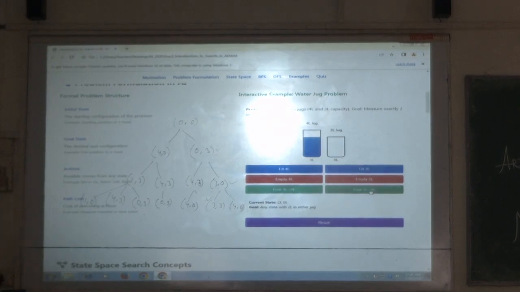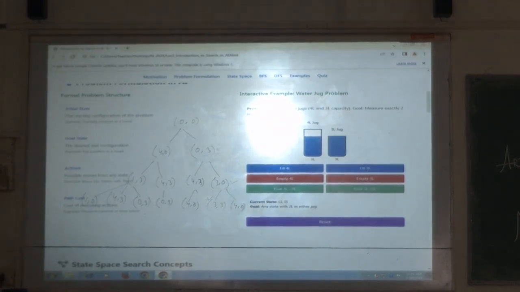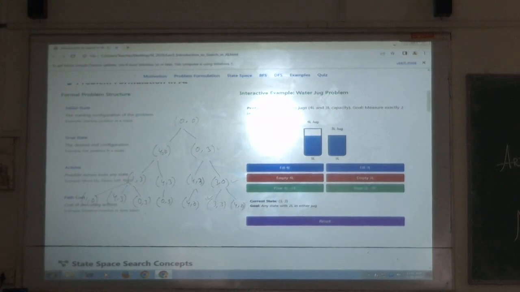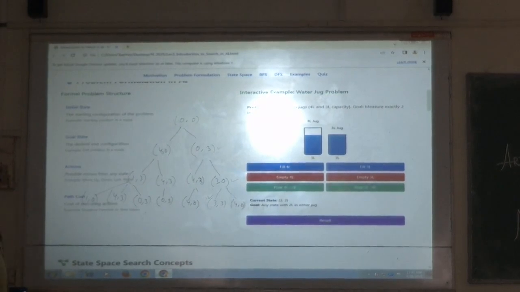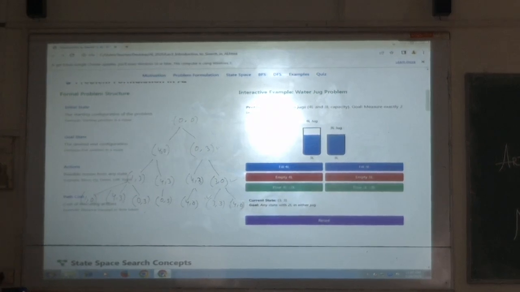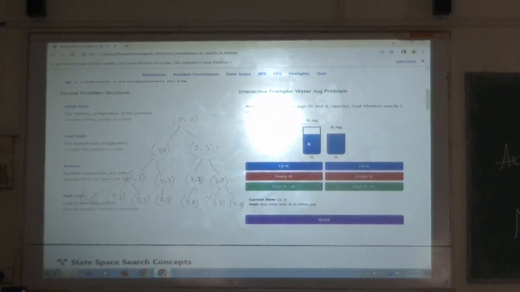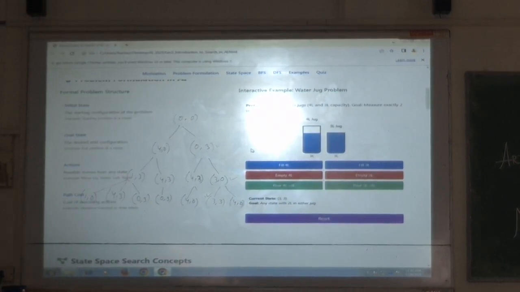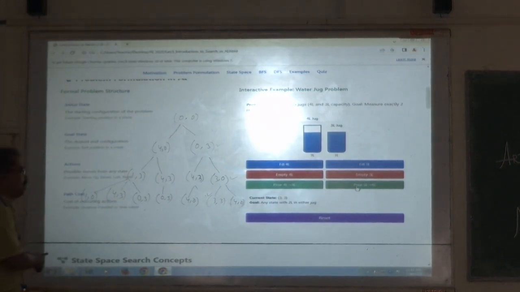So you are doing 3. Now from 3, then you are emptying all the, then 3 to 4. So 3 to 4, 3 there. So from 3 what I can do?